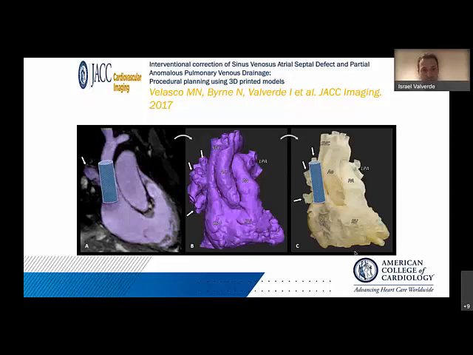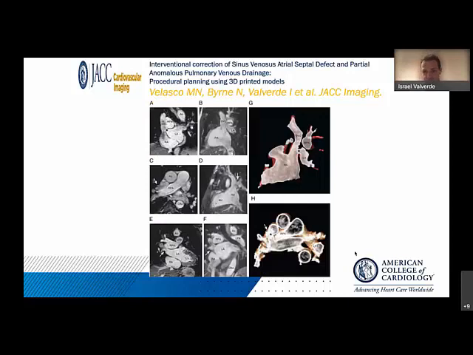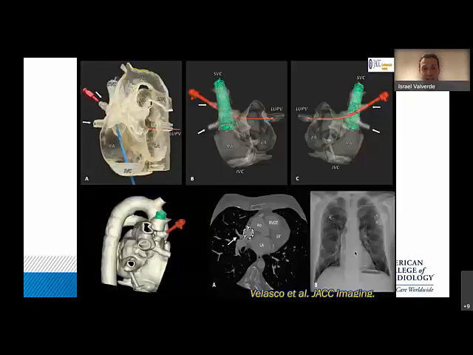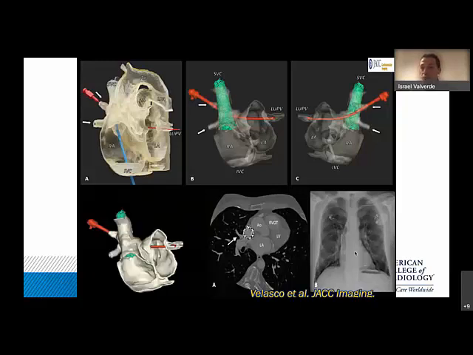So if we can put a covered stent here, we will create the posterior wall of the SVC, so all the blood flow from the pulmonary veins will go directly into the left atrium. One of the limitations we had is we were not completely sure how much to inflate, if this could compress the pulmonary veins, and that's why we started playing around with 3D printed models.